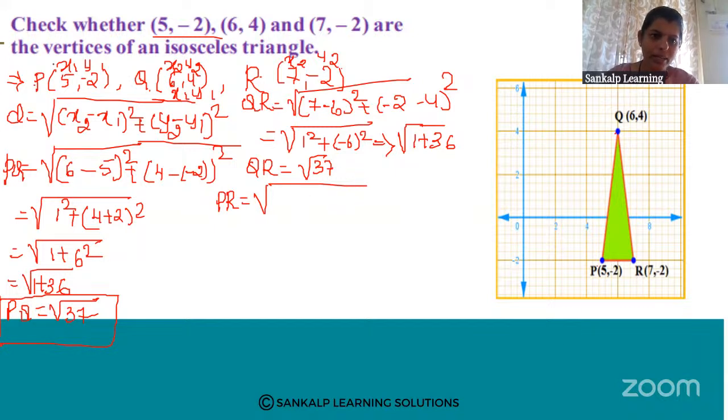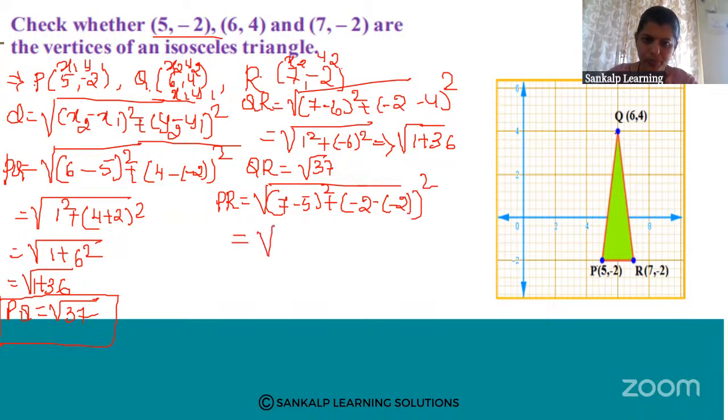Now you are taking from P to R. So that time this is x1, y1 and this is x2, y2. Now the x2 value is 7 and the x1 value is minus 5 whole square, plus the y2 value is minus 2 and the y1 value is minus 2 whole square.